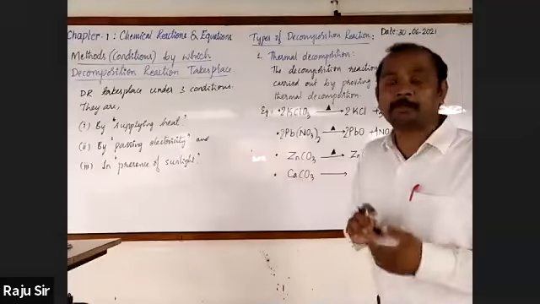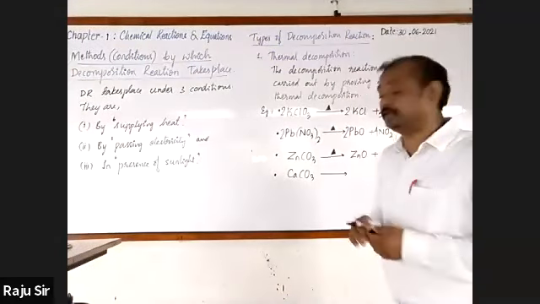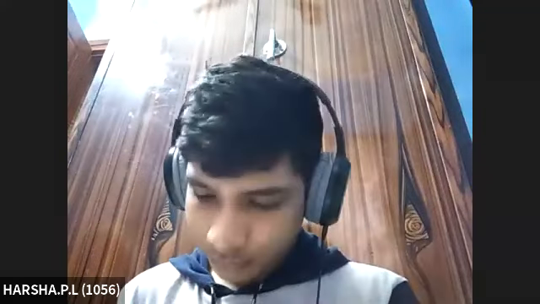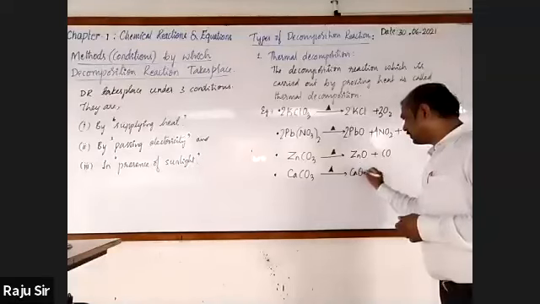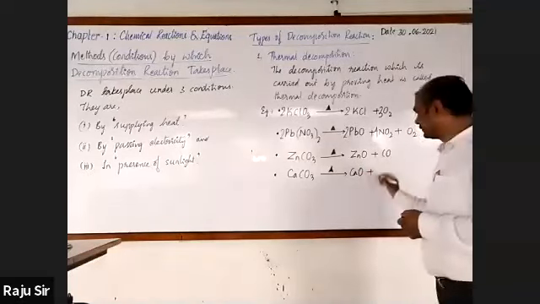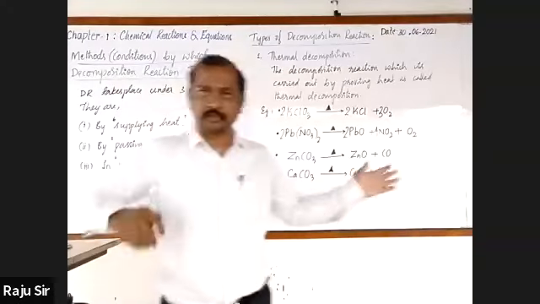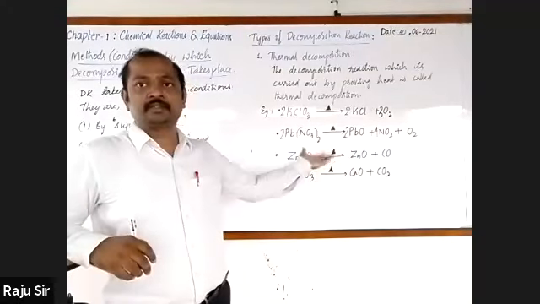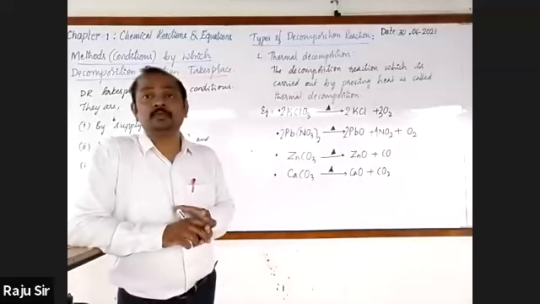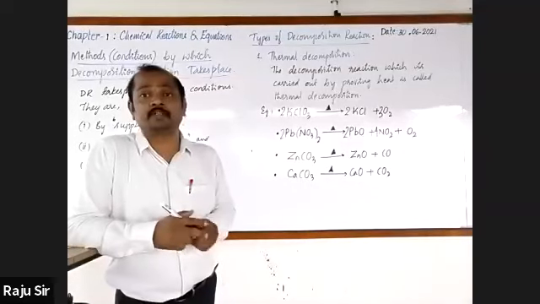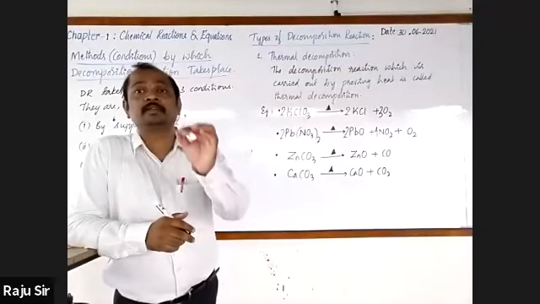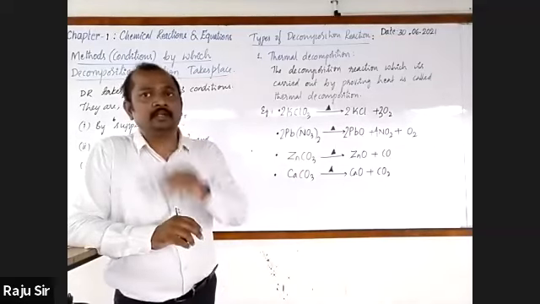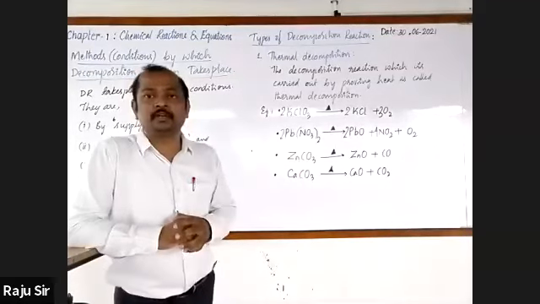What happens when calcium carbonate is heated? Calcium oxide is formed plus carbon dioxide gas is liberated. And this reaction is used in the manufacture of cement as well as glass. This is another use of decomposition reaction.